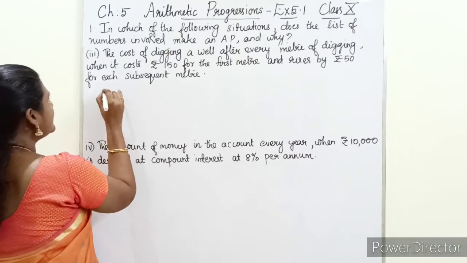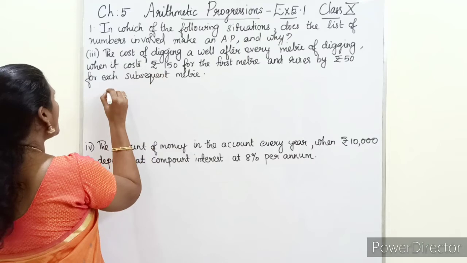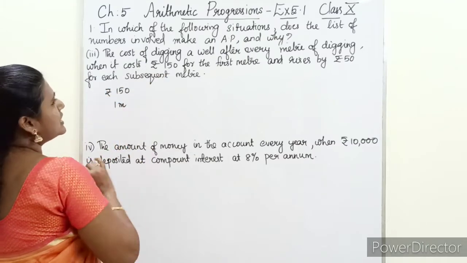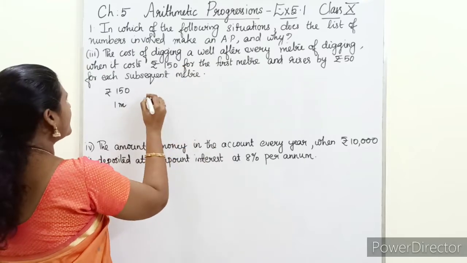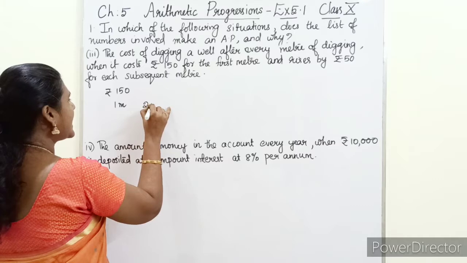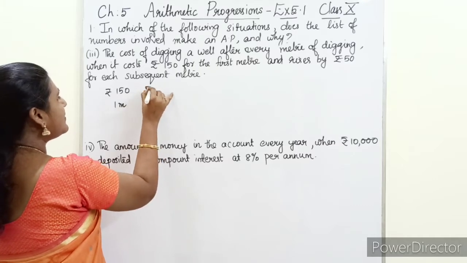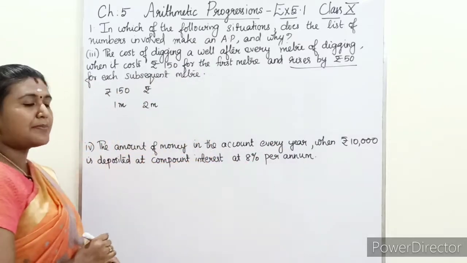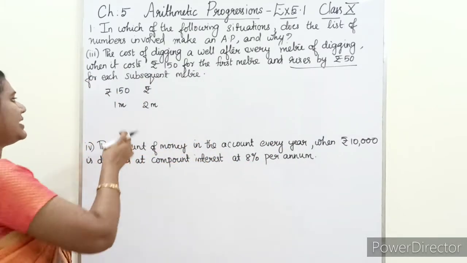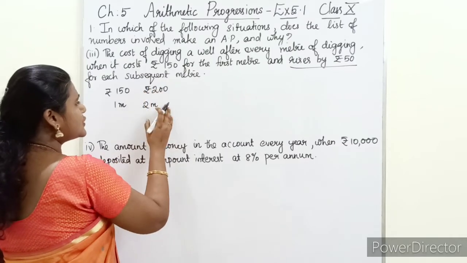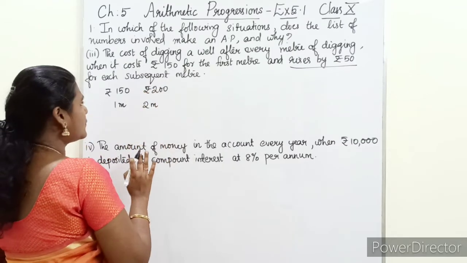So for the first meter, the cost is rupees 150. Okay. So for 1 meter. Then the next meter onwards, it will increase by 50 rupees. So for the second meter, the cost is 150 plus 50, that is rupees 200.